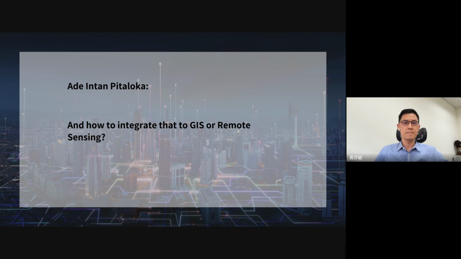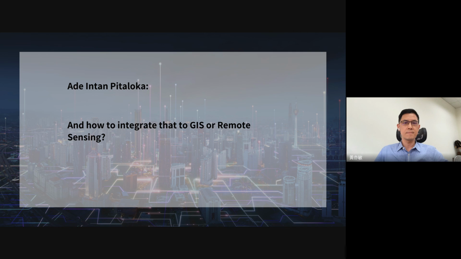And then another question is, how to integrate that into GIS? Well, simply put, GIS is a platform to collect data. Remote sensing is a technique to collect data.